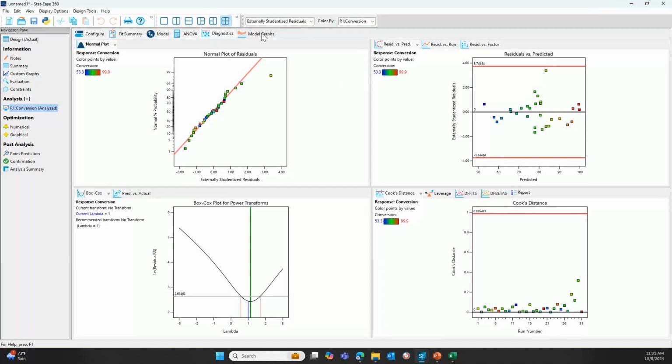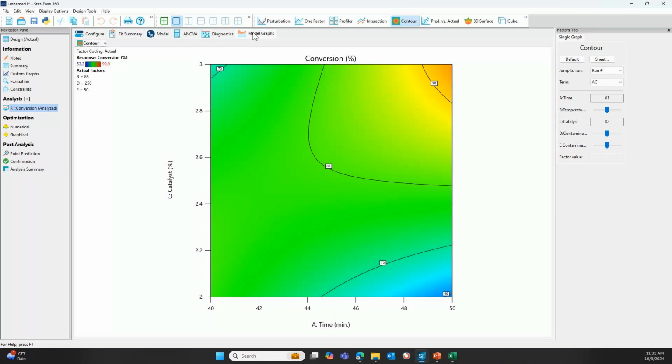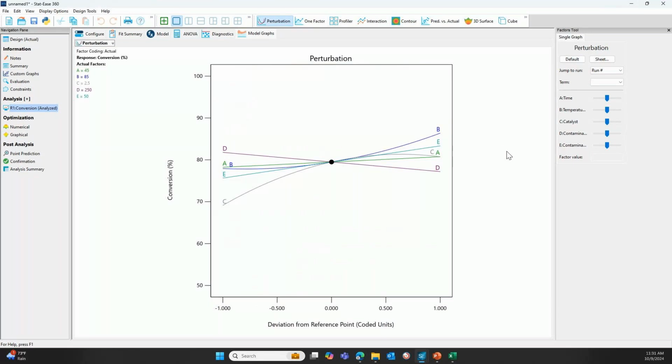One of the things I will point out that I think is interesting in this particular case study: if I look at what I'm going to call the perturbation, which is how much each factor is influencing things, my final two factors, D and E. D is one of the contaminants, and that one, from low to high, is actually degrading the conversion.